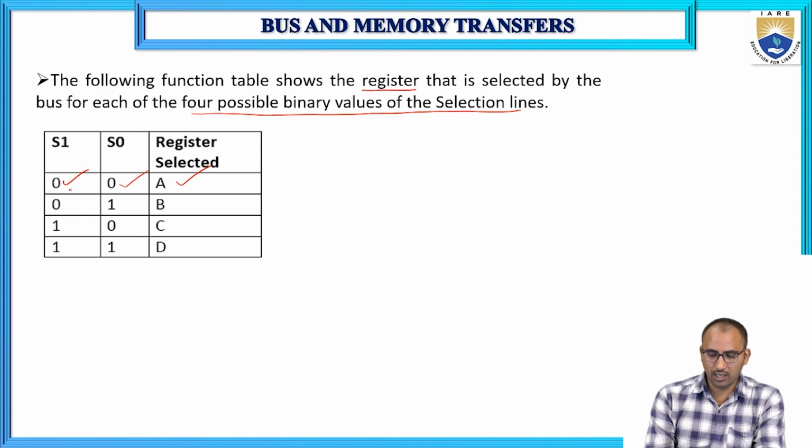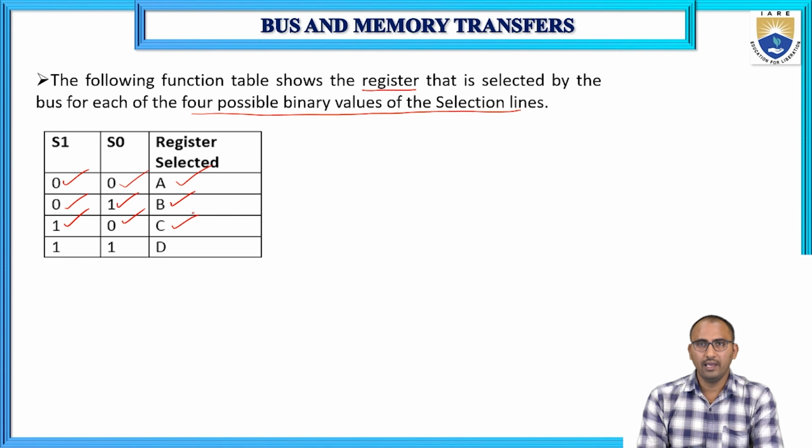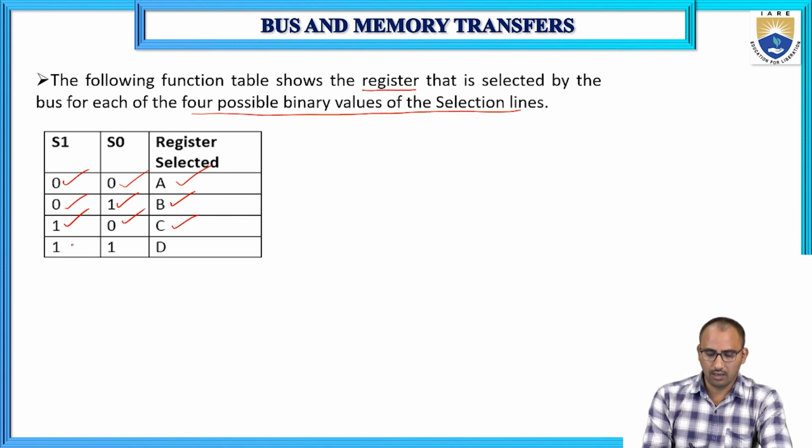When S1 is equal to 0 and S0 is equal to 1, register B is selected. Similarly, when S1 is equal to 1 and S0 is equal to 0, register C is selected. Similarly, when both selection lines are equal to logic 1, register D will be selected. In this way, every register is selected to initiate the data transfer.